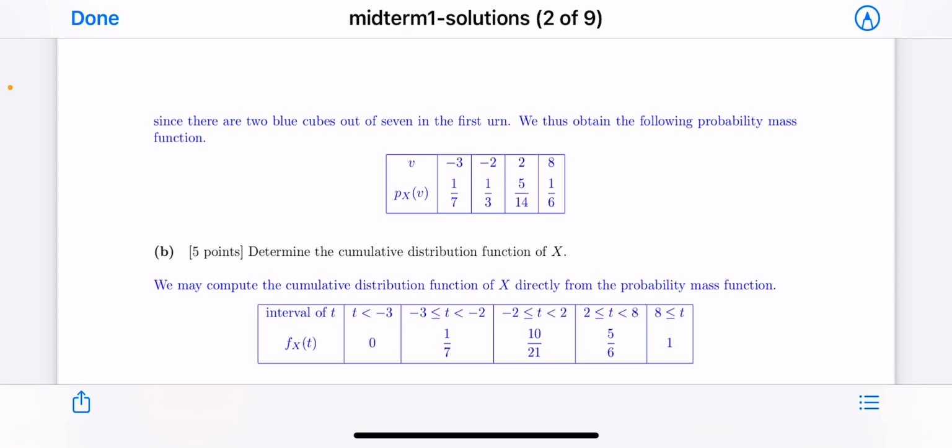And then I can either add 1/6 to 5/6, or I can just cheat and say the right infinite interval is always 1. So yeah, that's how you can compute the cumulative distribution function directly from the probability mass function. And as you can see in the solutions here, I'm not really insisting on any kind of explanation beyond just providing the requested data.